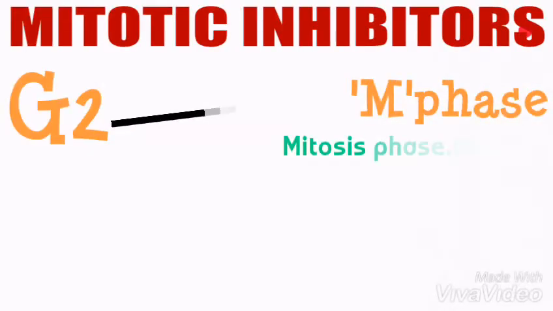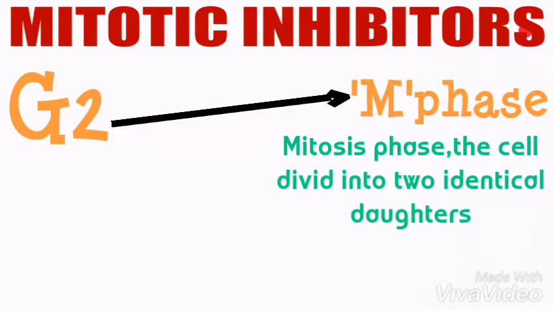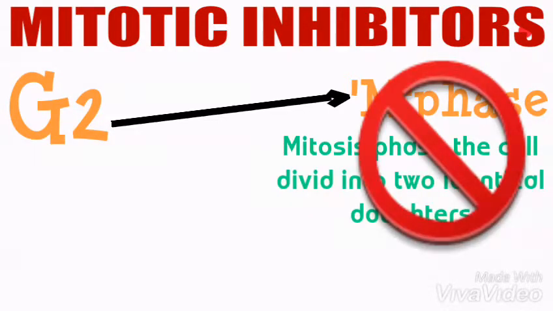Mitotic inhibitors. These drugs work on the M phase or during the mitosis of the cell. During this phase, if you remember very well, we said that this is where now the cell divides into two identical daughters and it's ready to start the process again. In summary, we are saying that in the mechanism of action, these drugs inhibit that process of cell division.